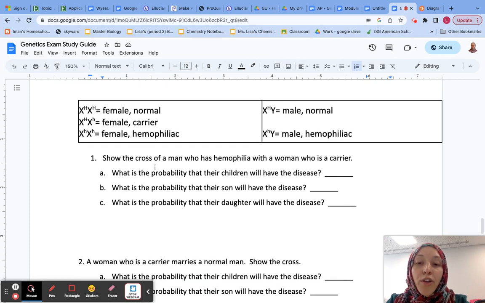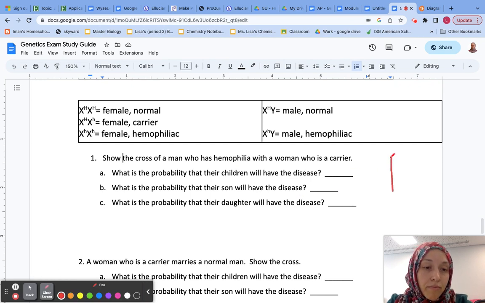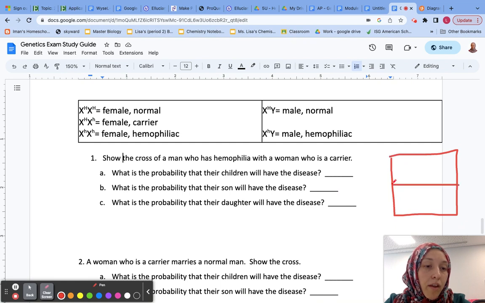Okay, so show the cross of a man who has hemophilia with a woman who is a carrier. So let's go ahead and make that Punnett square. A man who has hemophilia, what would his genotype be?